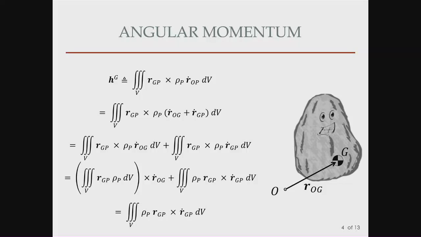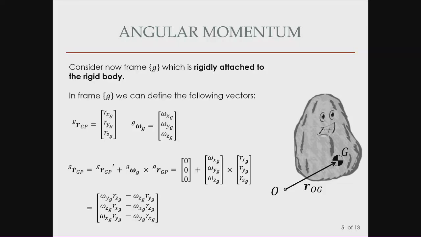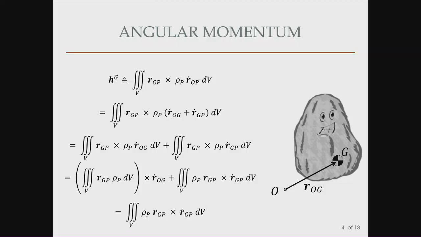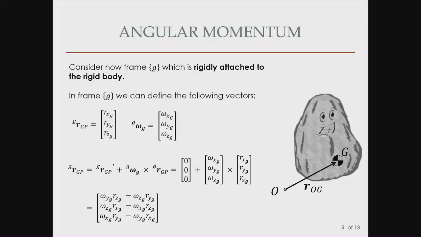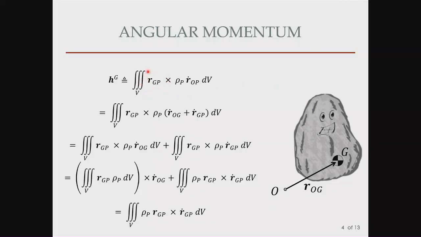This is the vector from the point about which you calculate the angular momentum to the varying position point P, okay, crossed with linear momentum of point P. Okay, so this is the vector from G to P, and then the linear momentum of P. So we cross them.